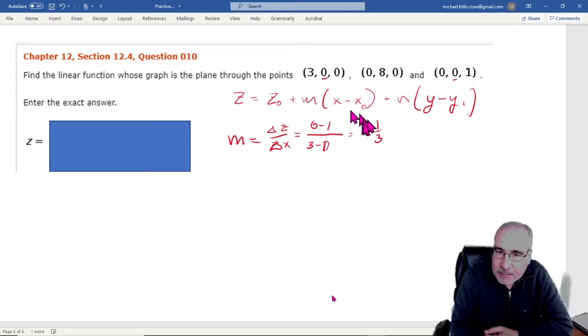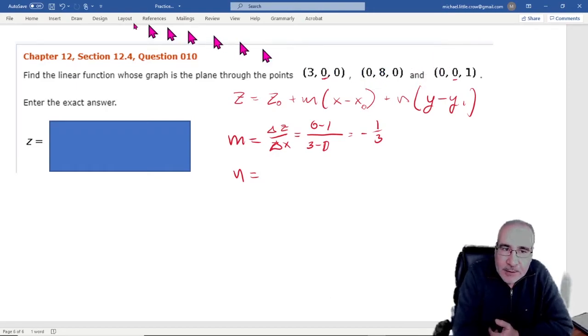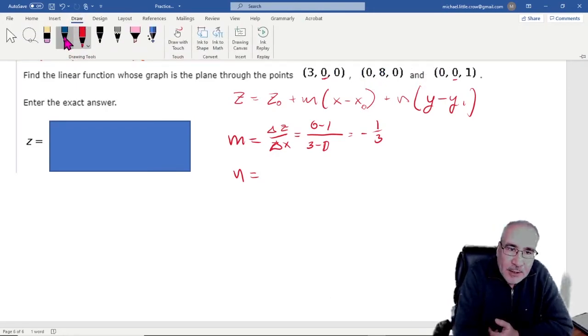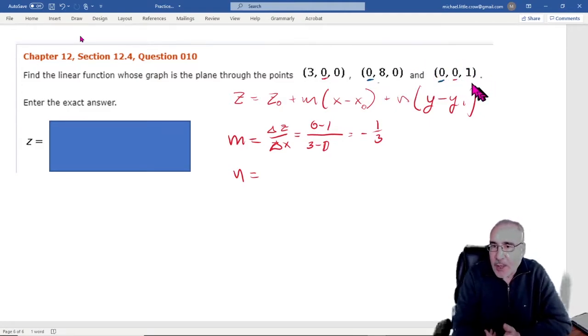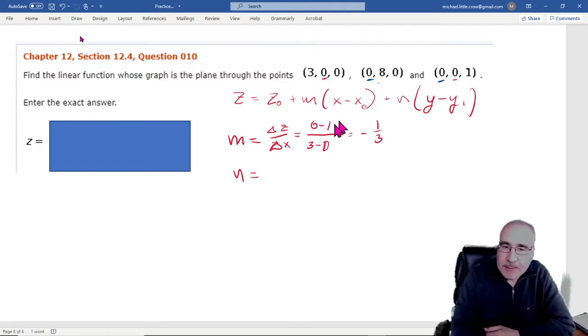That's our m. For our n, we need two points where the x coordinates are the same. Here the x coordinates are both 0, so now we can talk simply about how z changes with respect to y when x is not changing.